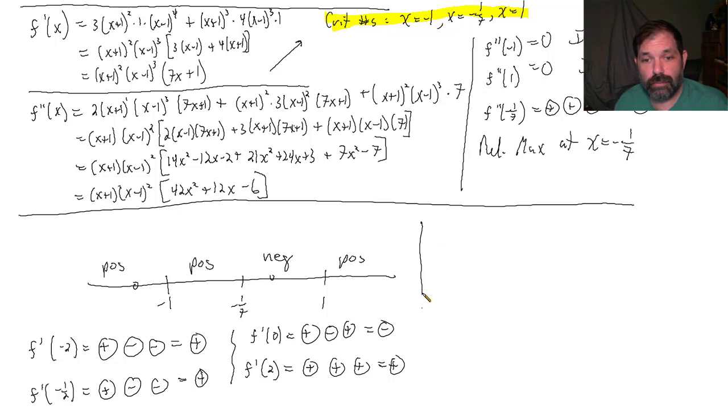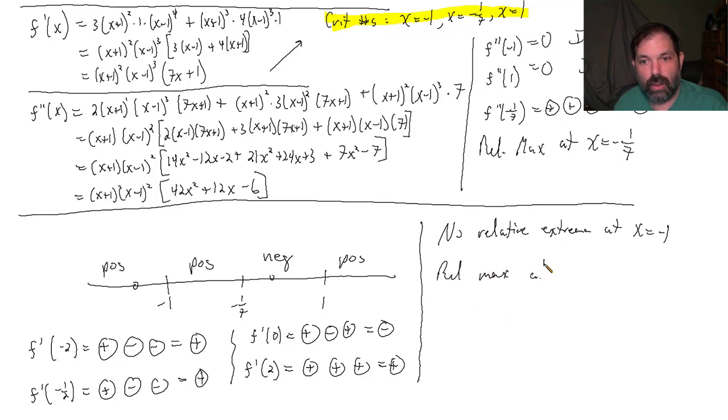All right, so now using the first derivative test, what do we see? The function was increasing, stationary for a moment, and then increasing. There's no relative extrema at x equals -1. Then the function was increasing, then decreasing, changing at -1/7. There is a relative maximum at x equals -1/7, which is the same information we got using the second derivative test earlier.